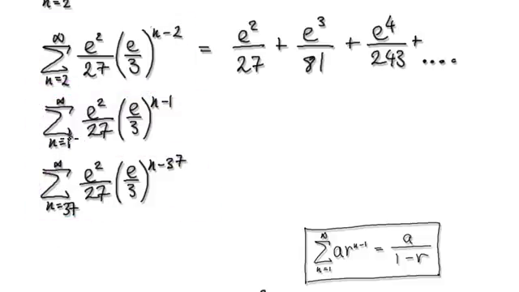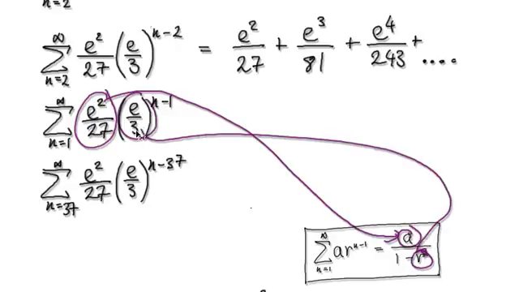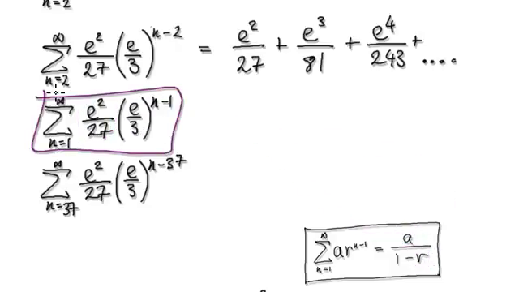But we know that when n equals 1, we can use the formula here. So all you need to do is extract your a and then extract your common ratio. So this is your a here. So put it into here, and this is your common ratio, put it into here.